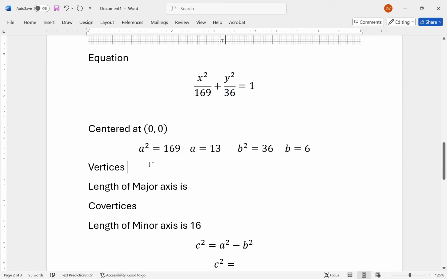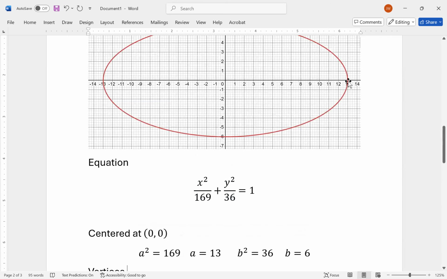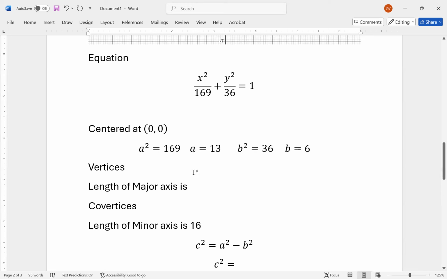The vertices are going to be here at (13, 0) and (-13, 0). The length of the major axis is just double 13, which is 26.